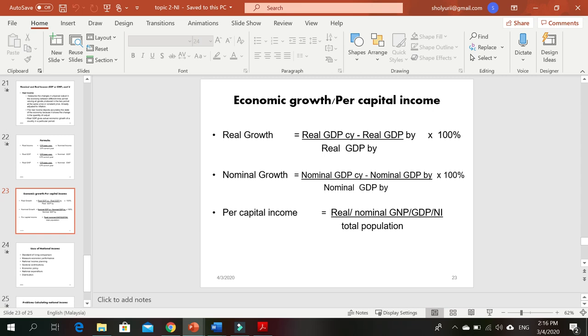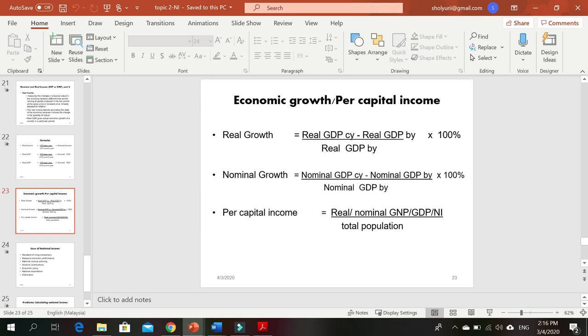Dan satu lagi, bila dia nak per kapita. Bila dia sebut per kapita ni, dia nak tahu secara purata. Secara purata, pendapatan per kapita. So, bila dia sebut purata macam ni, dia mesti nak suruh awak bahagi dengan population. So, bila dia sebut nak per kapita, soalan tu mesti ada akan bagi population berapa.